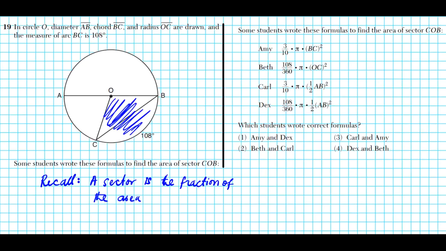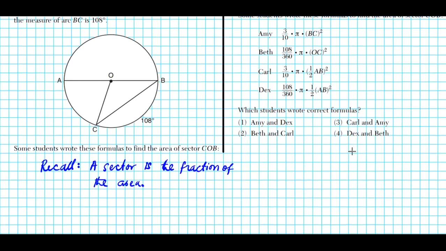Okay, so think about sector as a fraction of the area. Why is this important? Well, there's another formula that has to do with arc length, okay, and that deals with the circumference. If you know what you're taking a fraction of, it helps you determine the correct formula. Okay, so since we're dealing with area here, we know what our area formula is.